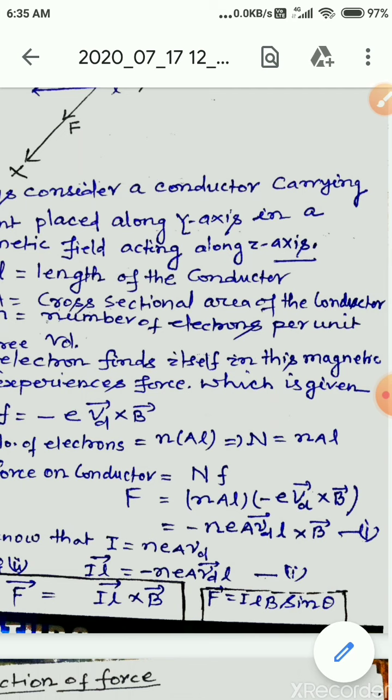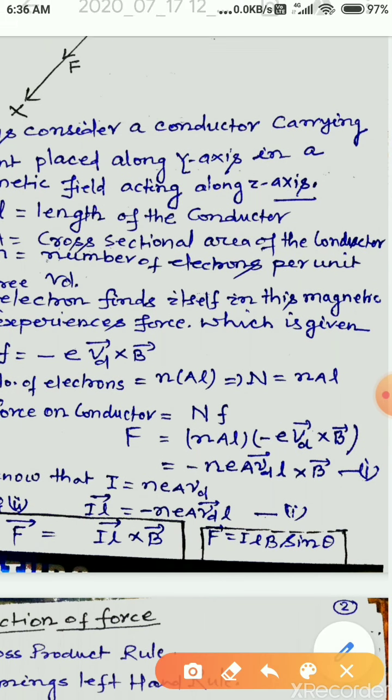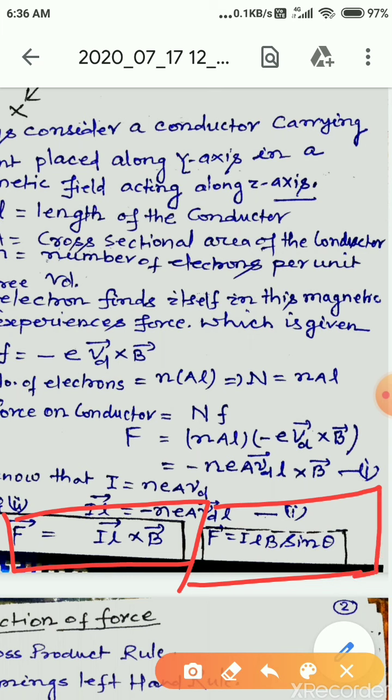The direction of current and drift velocity are in opposite directions, so we have to introduce a negative sign here. Now from 1 and 2, the expression of force we get is F is equal to IL cross B, and if we write the magnitude only, it will be F is equal to ILB sine theta.